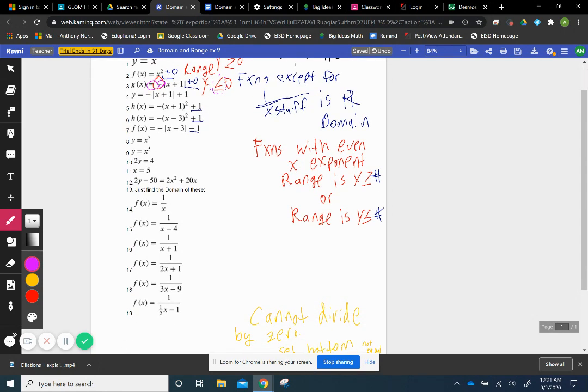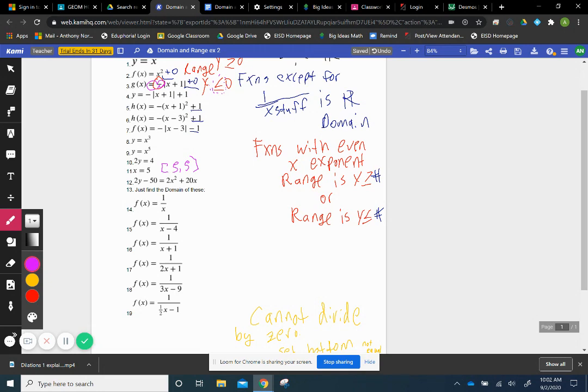But you always can. Here on number 11, x equals 5, we know that's a vertical line. So we know the range of that's going to be all real numbers because it goes up and down. The domain, when you just have a number, interval notation requires there to be two numbers.